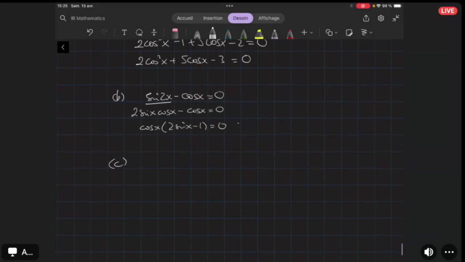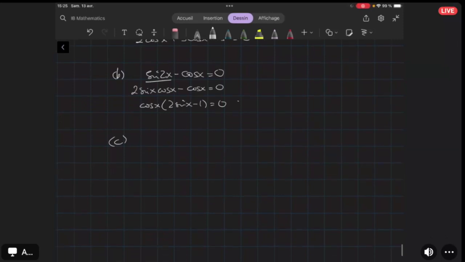C. 3 cos 2x plus cos of x equals negative 1. We want to get a quadratic in terms of cosine. So, same strategy.